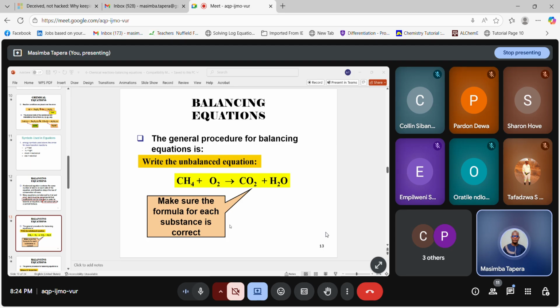This reaction is not balanced, and when you have your unbalanced equation, it is important to make sure that the formula for each substance is correct. So before we proceed to balancing this, you have to check that the equation has all the substances written in their correct formulas. That is very, very important.